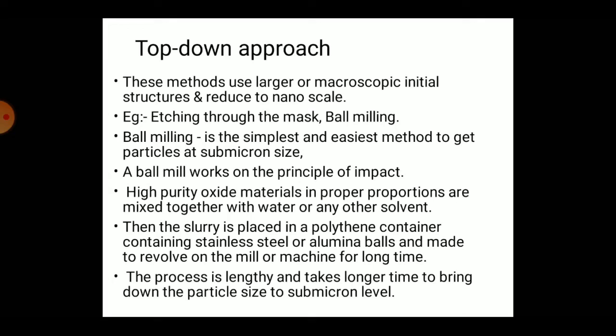So what will happen during this process, due to the impact of these stainless steel or alumina balls, the bulkier particles will be broken down into smaller size. That is, it will be reduced to nanoscale sizes. So this is the complete process of top-down approach. So there is a drawback. The process is lengthy and it takes longer time to bring down the particle size to submicron level. So this is about your top-down approach.